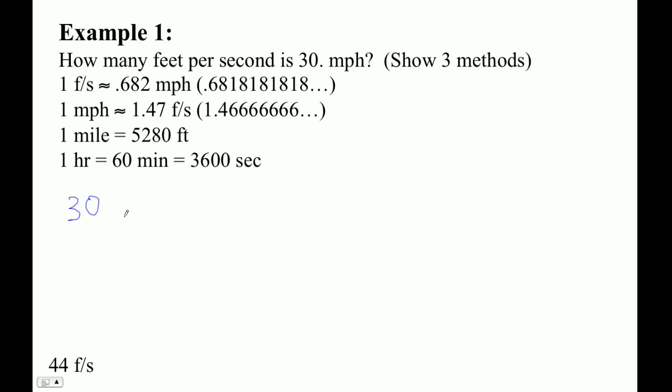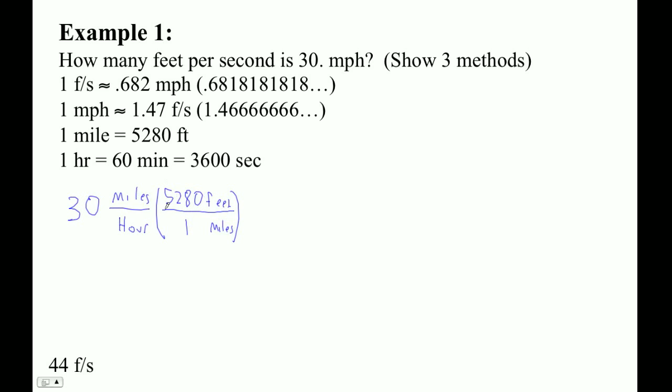You go 30 miles per hour. I always think it helps to write it that way. And then I'm going to get rid of miles, so I'm going to put miles down here, and I want feet. And 1 mile is 5,280 feet, so this is equivalent. 1 mile is the same as 5,280 feet.